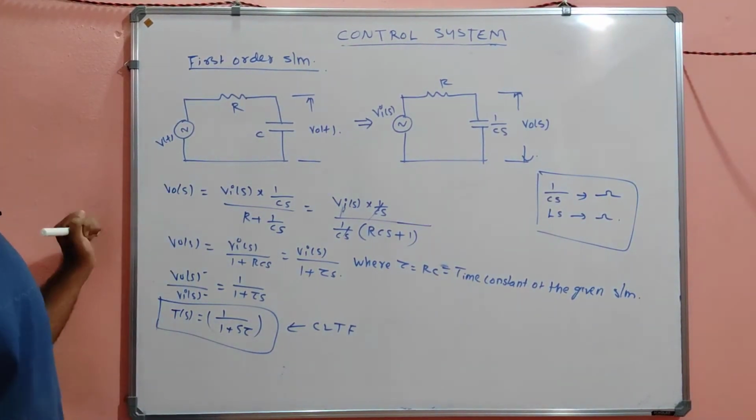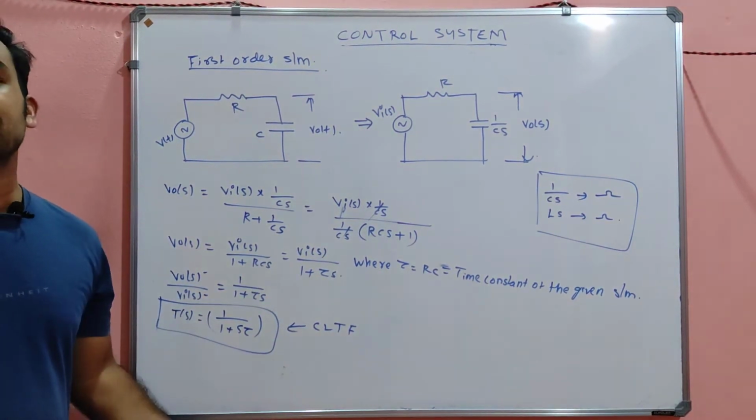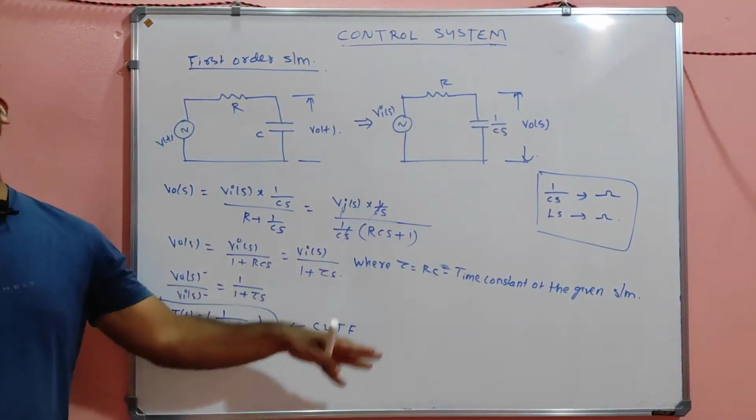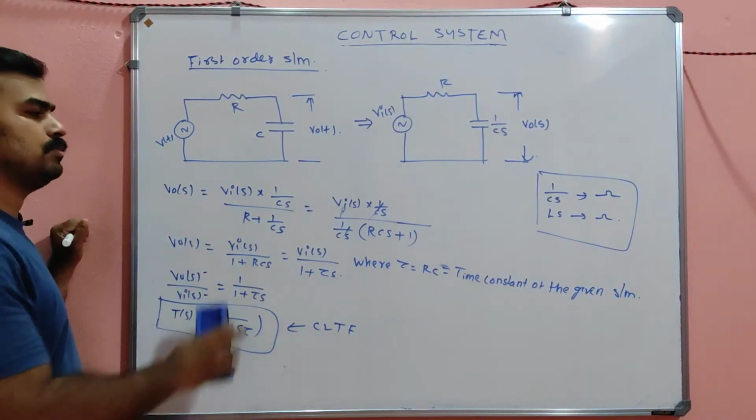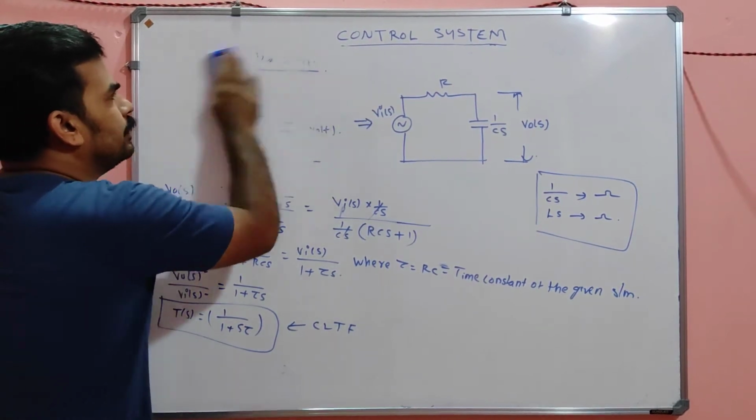In the syllabus, the unit step input, ramp input and impulse response of a first order system are clearly mentioned, so definitely a question will be asked from this session.